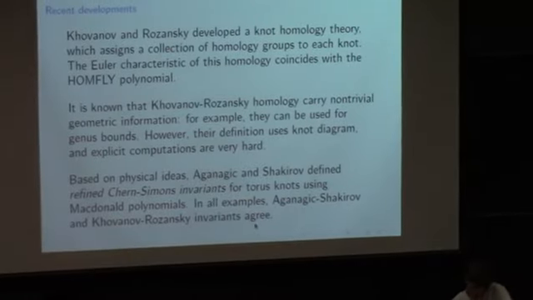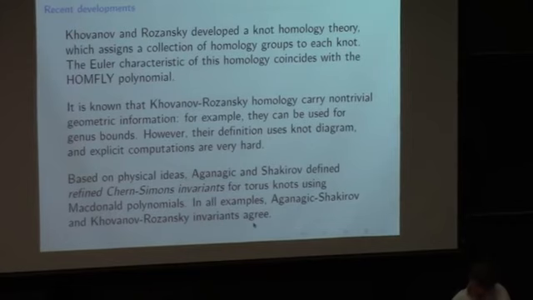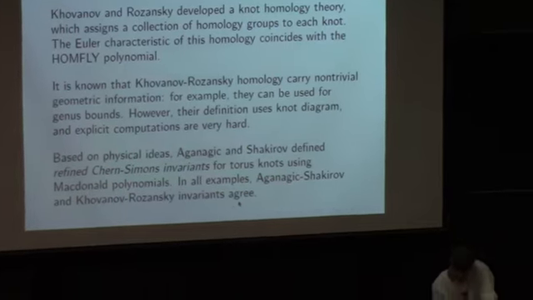In a recent work, Aganagic and Shakirov defined a completely different invariant, which is called the refined Chern-Simons invariant for torus knots. Unfortunately, it's defined rigorously and mathematically only for torus knots, but the definition is very nice and explicit, using Macdonald polynomials. Their motivation came from string theory and M-theory, which I guess I will never understand.